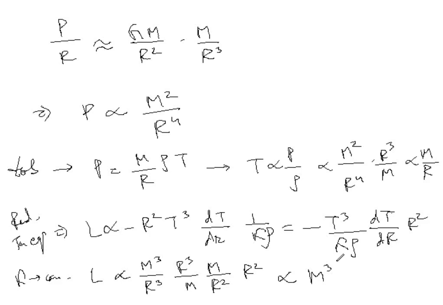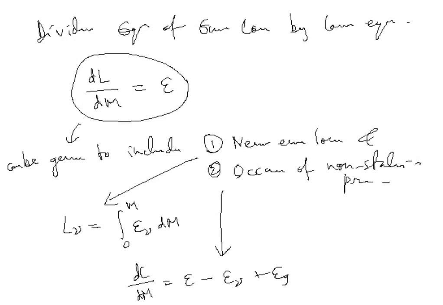Well, you can also replace dT/dr by minus Tc by r, which is the central temperature divided by the radius. And finally, we get L proportional to m cubed, which is basically the mass luminosity relation corresponding to the observed relation that we talked about previously.